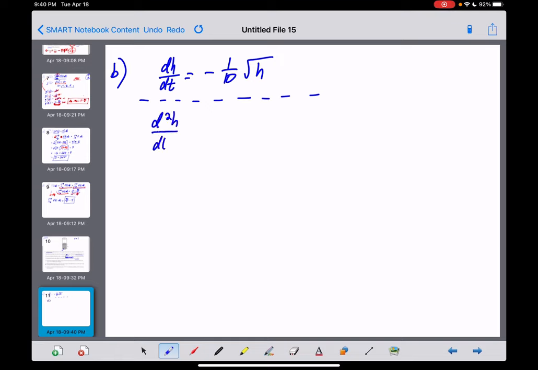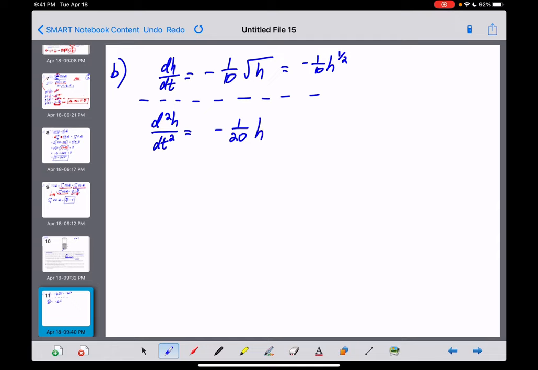d2h over dt2 would equal, now here we go, guys. Now remember, we're differentiating with respect to t. So this could be rewritten as a negative 1/10, and then that would be an h to the 1/2. So the derivative of that would be a negative, nope, that's not what I meant to write. A negative 1/20th, that's 1/10 times 1/2, times h.